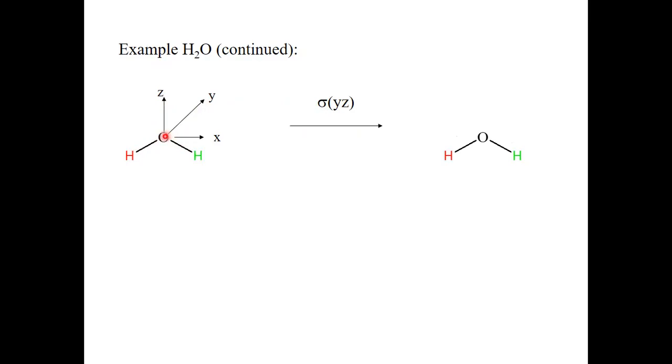This is the mirror plane that actually swaps the two hydrogen atoms. Okay, so now how do the coordinates change in this case? Let's start with the coordinate x. What will happen to the coordinate x? Can anybody tell me what happens to the coordinate x?